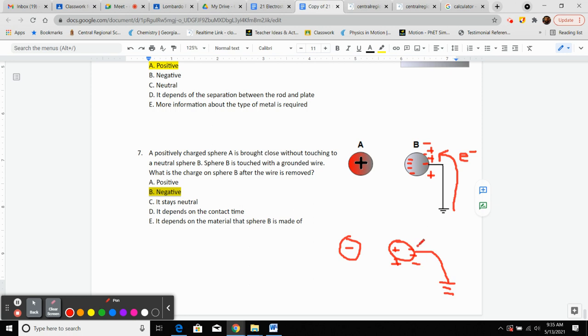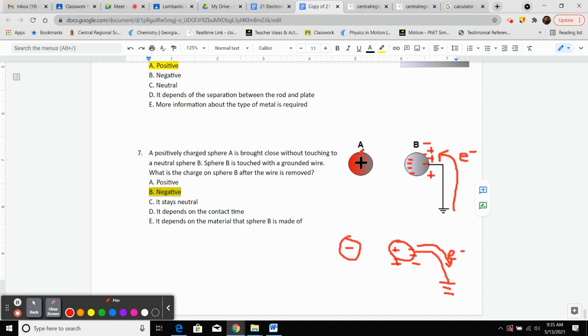So some of these electrons would leave and go into the ground. Because some of them left, once you remove the wire, now there's less electrons than you originally had. So it would be positively charged. So inducing a charge like this, it's always going to be the opposite.